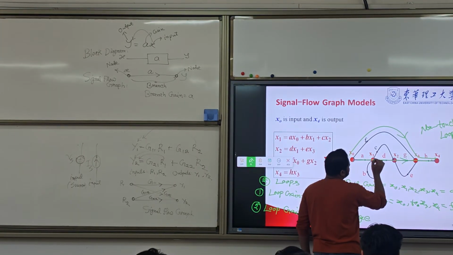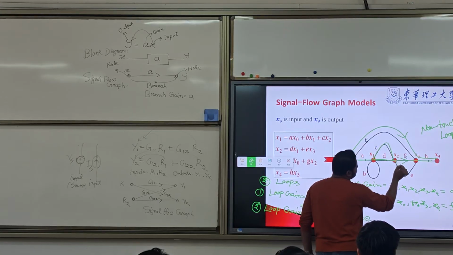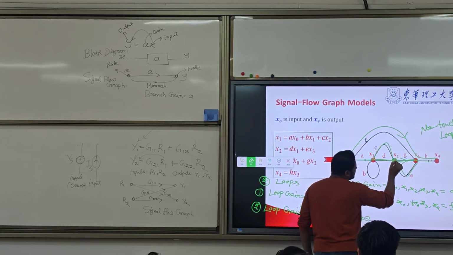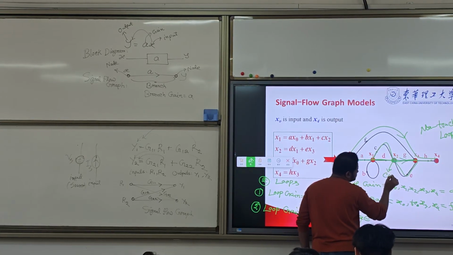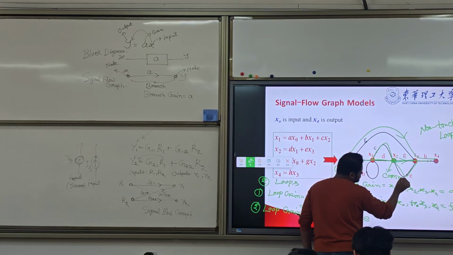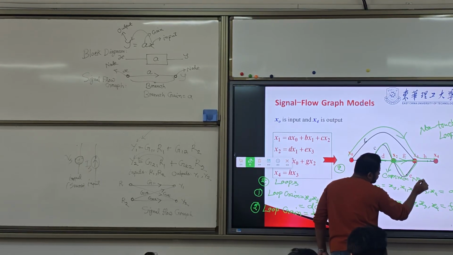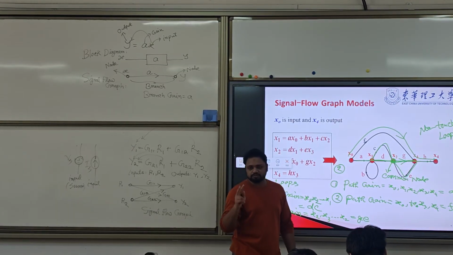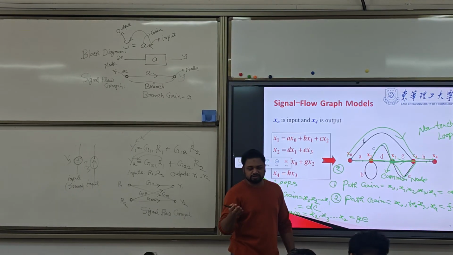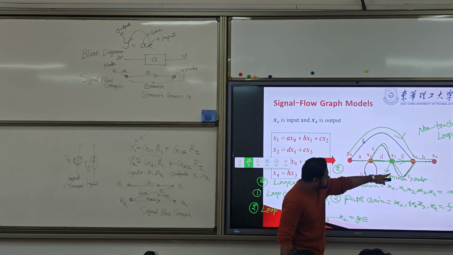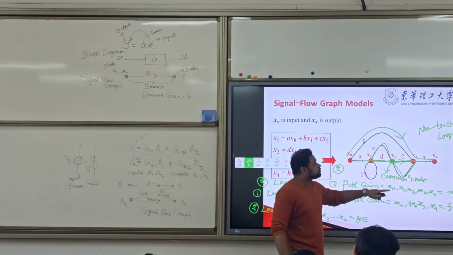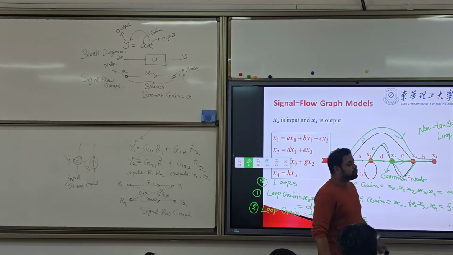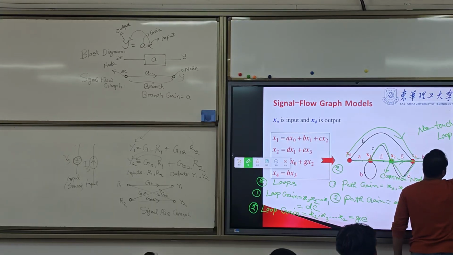We have a loop here. Here we have another loop. Here we have a common point. I said there will be non-touching loops if there are no nodes in common, but we have one common node. So here, no non-touching loops.